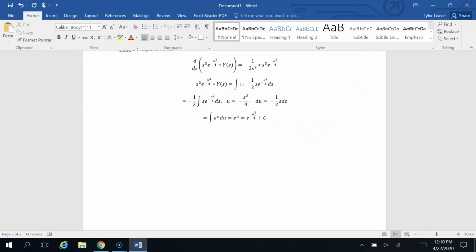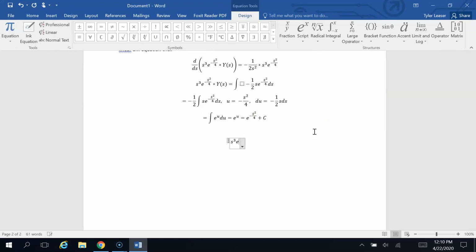Okay, so just to copy down what we have now, we have the left-hand side, which is the s cubed e to the negative s squared over 4 times the integrating factor, and that's going to be equal to e to the negative s squared over 4 plus c.